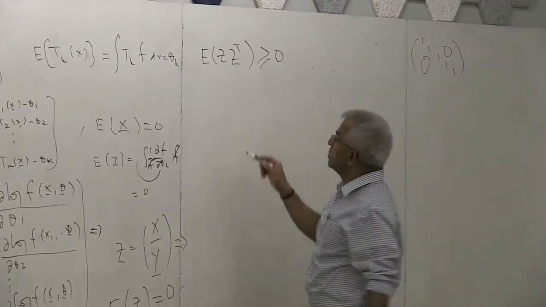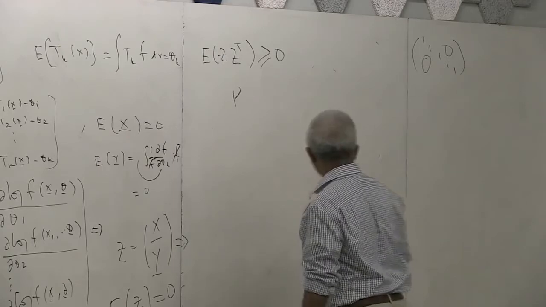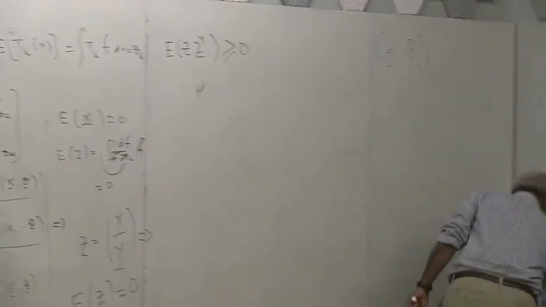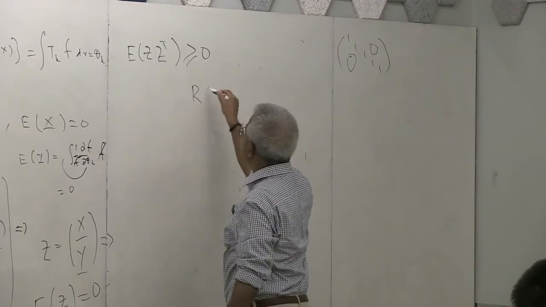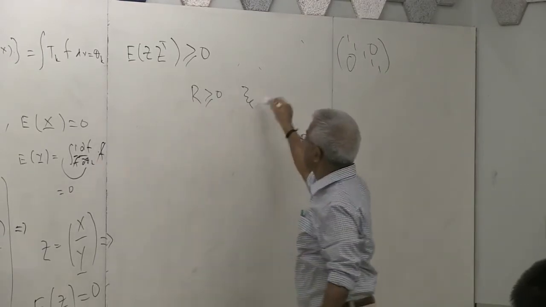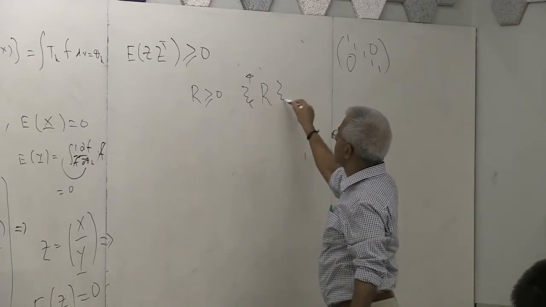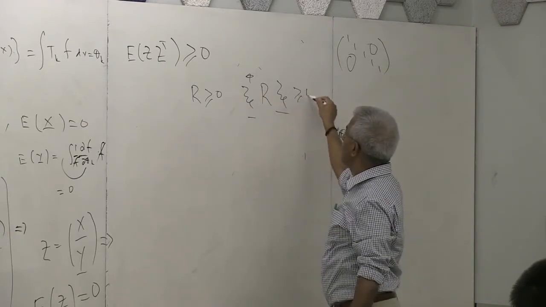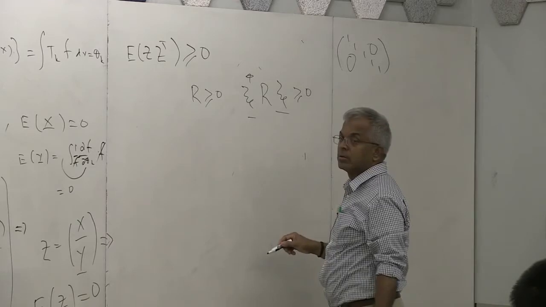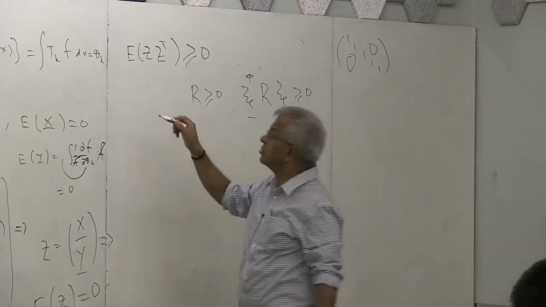Remember, what is the definition of a matrix being positive definite? We say R is positive definite if you multiply R with any other vector from the left and right, this should turn out to be a positive number. So let's see whether this is true here.